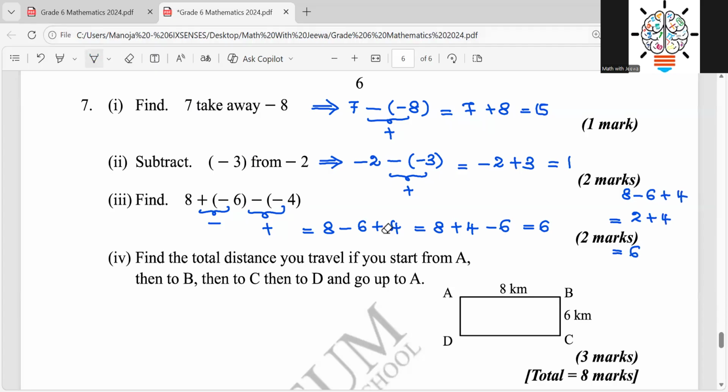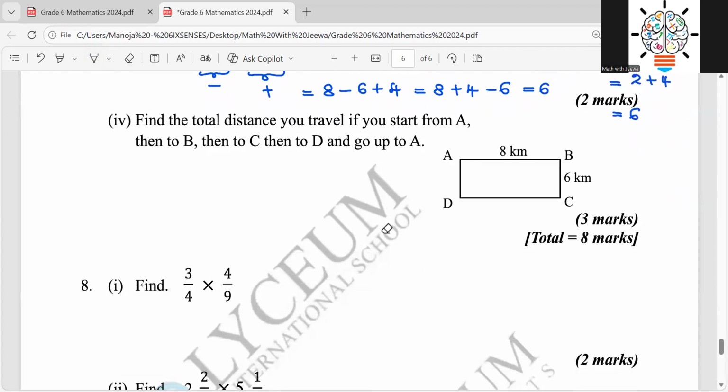right? And the next one, find the total distance traveled. If you start from A, then to B, then to C, then to D, and go up to E. That means you go around this rectangle A, B, C, D. When you go around a particular shape and you come back to the initial position, what is that length we call, children?